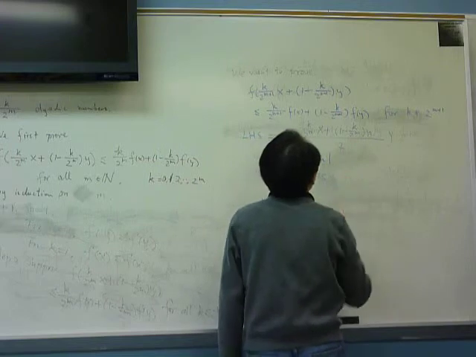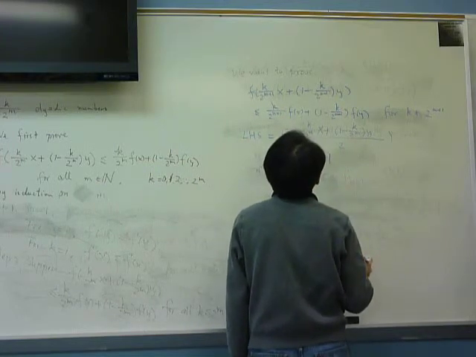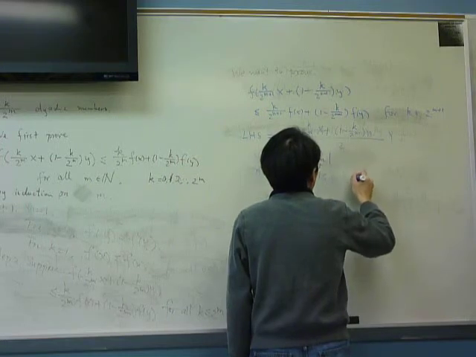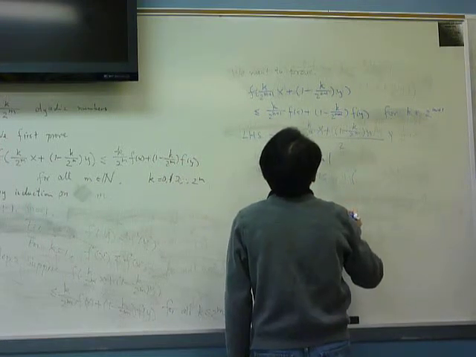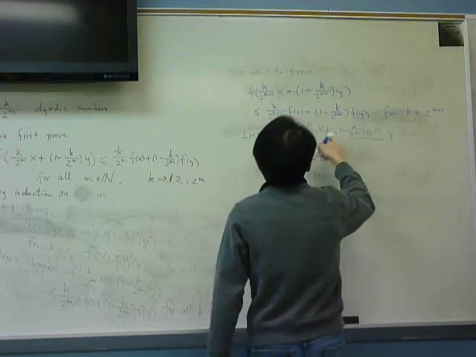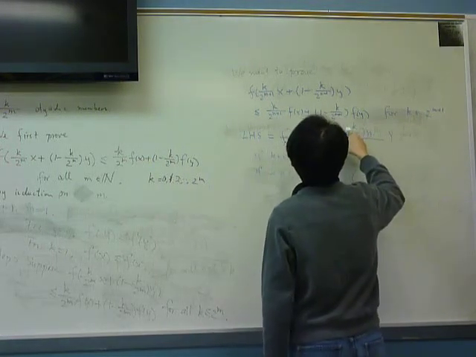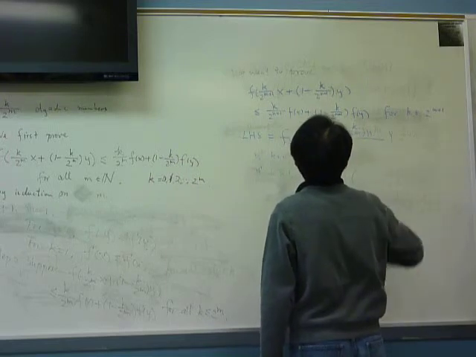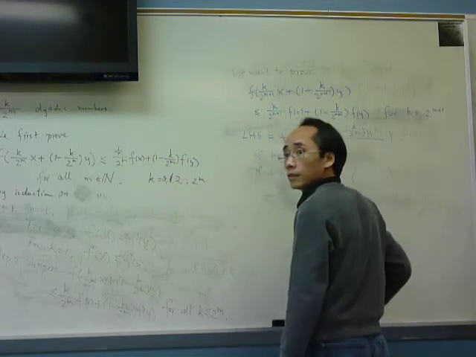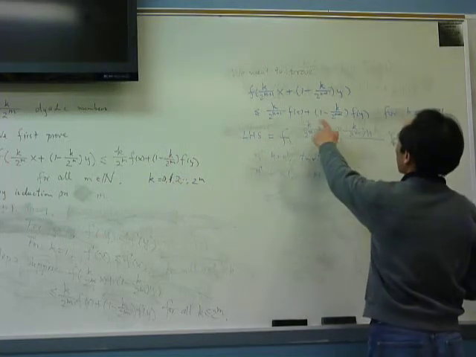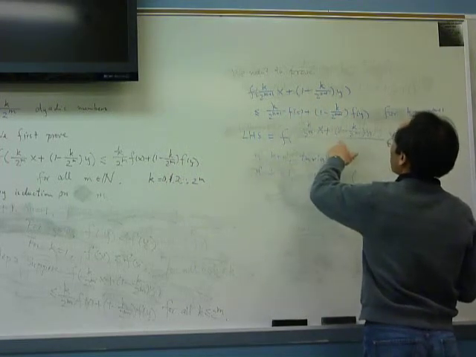f of... so this plus that. Okay, I'm sorry, this is not 1, this is 2 now, right? This is 2, because I take the 1 over 2 out.